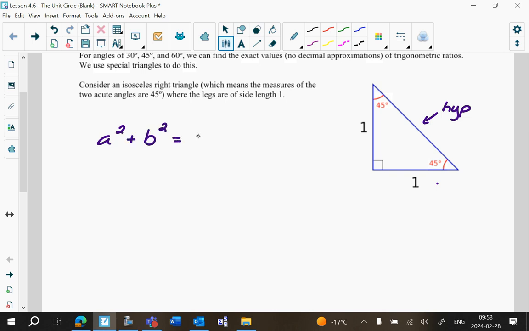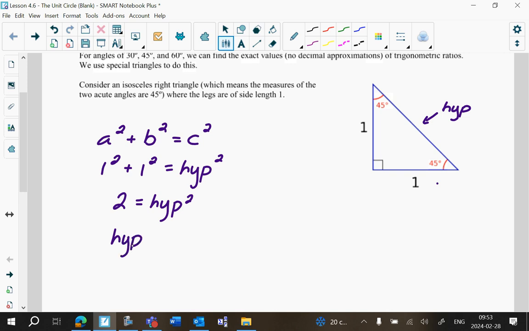In this case, a is 1, b is 1, and c I'm just going to call the hypotenuse squared. 1 squared plus 1 squared is 2. That is equal to the hypotenuse squared. So the hypotenuse is going to be the positive and negative square root of 2, but we just write positive because it's a hypotenuse.